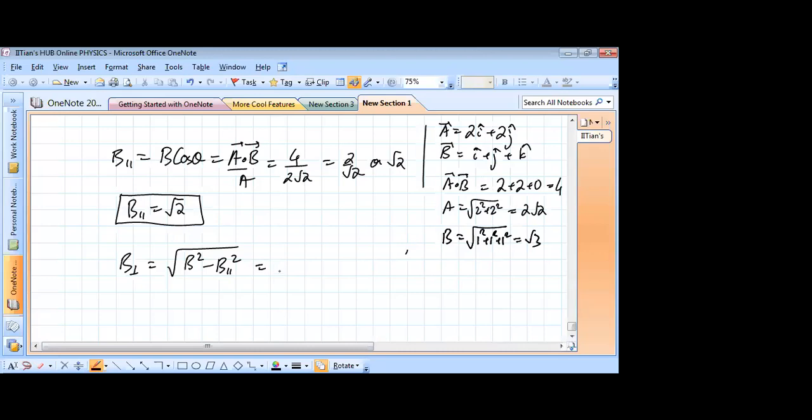So yes, correct. Substitute this, so you get 3 minus 2 or 1. The parallel and perpendicular components are root 2 and 1 respectively.